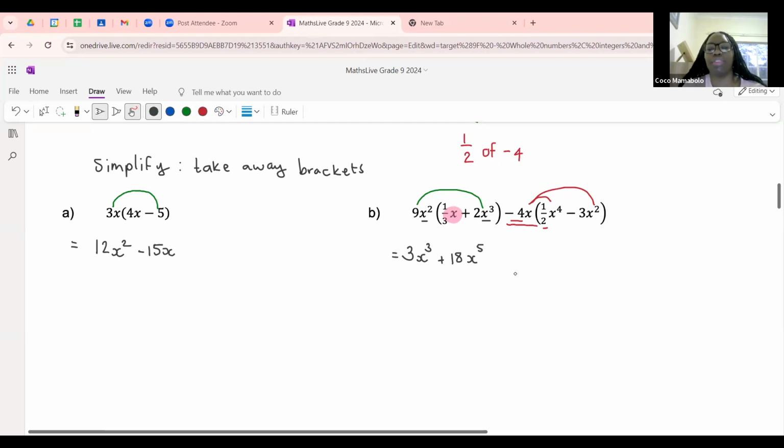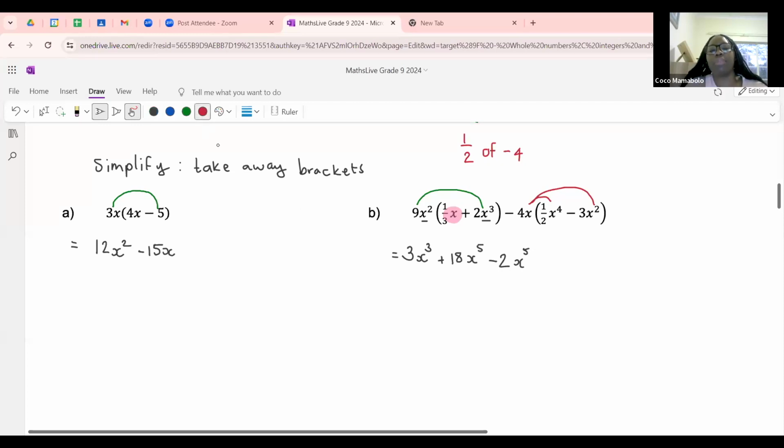Sure, Illuminati, you're on fire. Good work. It's negative 2. So I'm going to get negative 2. And then I've still got x multiplied by x to the power of 4. That gives us x to the power of 5. Good. So we'll get negative 2x to the power of 5.